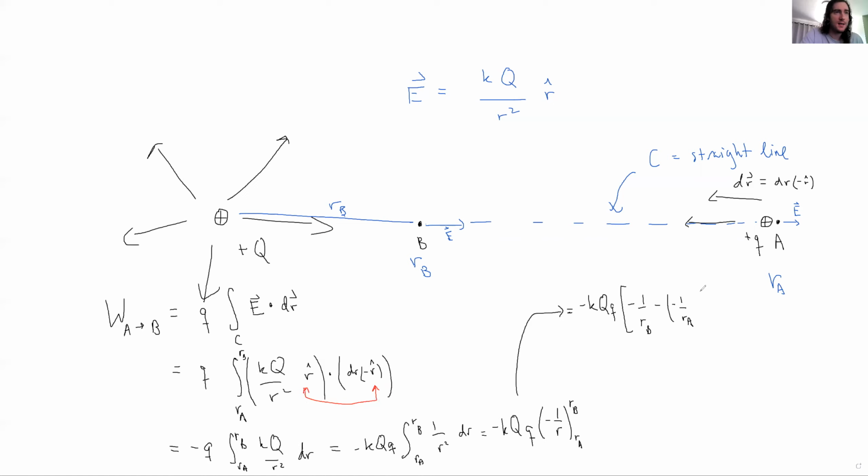A lot of minus signs flying around here. Be careful. So we have minus KQq times negative 1 over RB plus 1 over RA, like so.